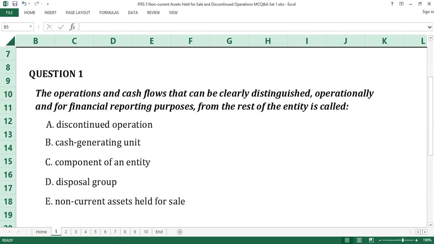The operations and cash flows that can be clearly distinguished operationally and for financial reporting purposes from the rest of the entity is called dash. A. Discontinued operation. B. Cash generating unit. C. Component of an entity. D. Disposal group. E. Non-current assets held for sale. Time counts.